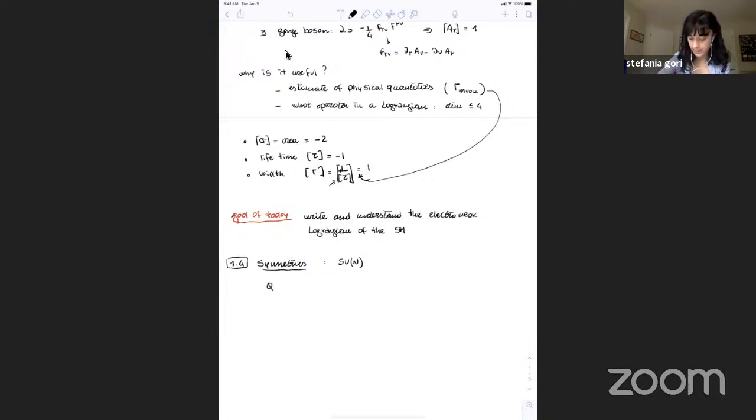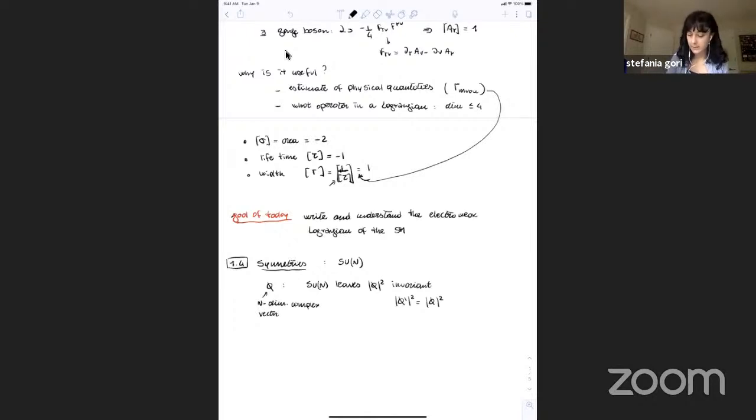So if you take phi being a complex N-dimensional vector, then SU(N) leaves the norm invariant. So if you do an SU(N) transformation on this field, the norm is simply equal to your starting point.